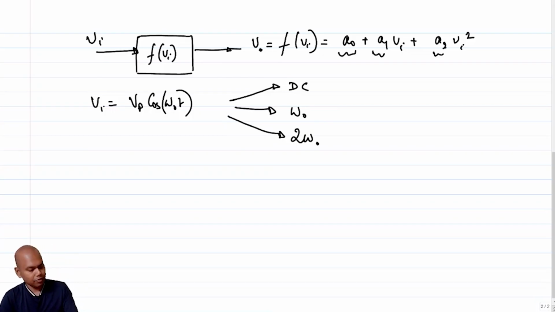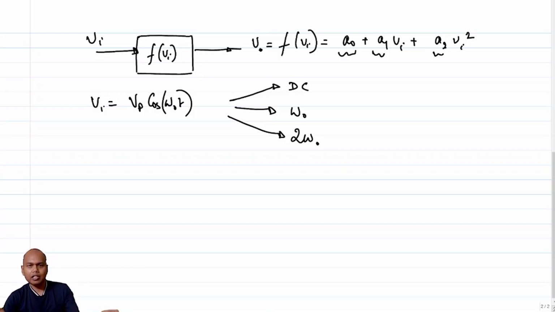This is something that we saw in the earlier lecture, and one might then say that, hey, our RF systems are narrowband, right? So around 1 gigahertz, maybe you have a couple of megahertz or 10 megahertz of bandwidth. If f naught is at 1 gigahertz, then 2 omega naught is at 2 gigahertz, and it can be filtered out, right?